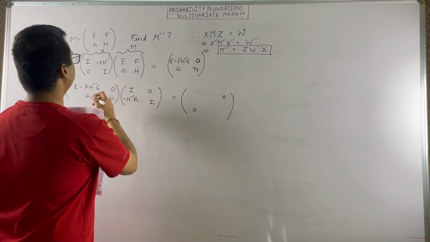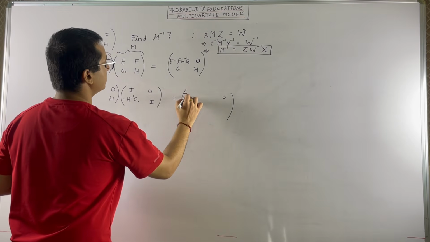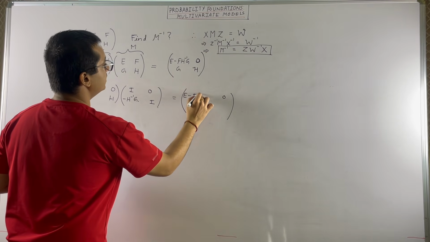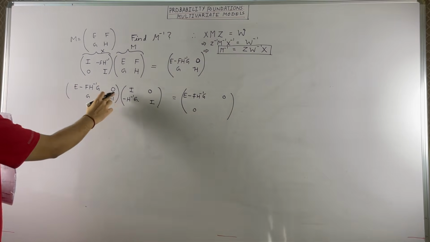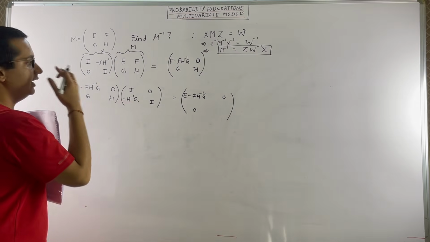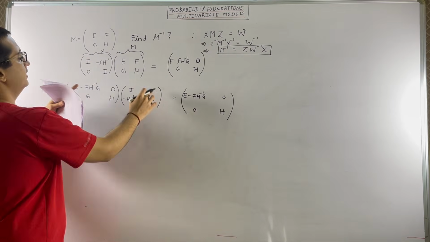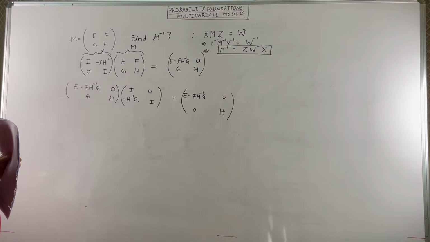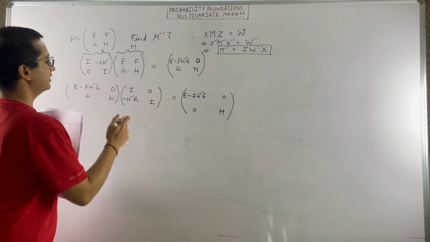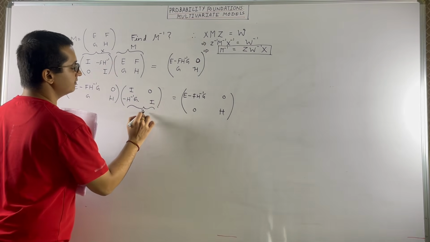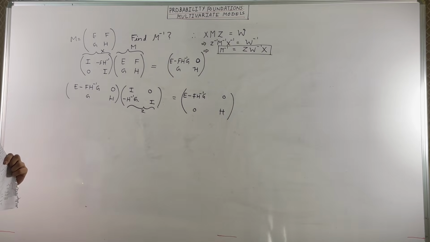So here I have E minus FH inverse G if I make the multiplication, because 0 times this is 0. All right, and here what will I get? I'll get a simple H, and this is already 0, right? So this is some matrix that I can call Z.